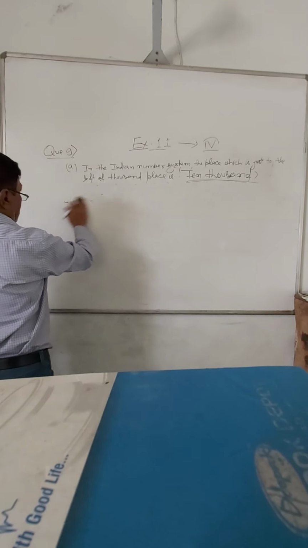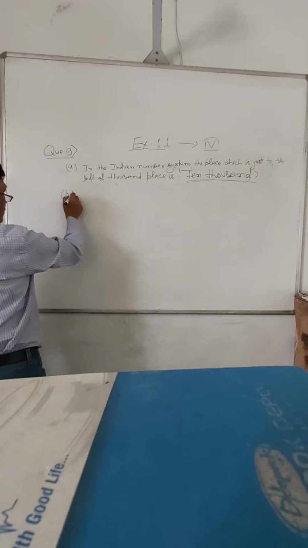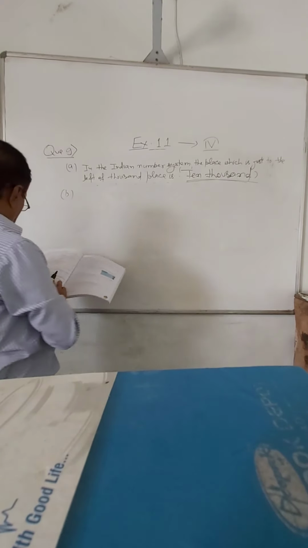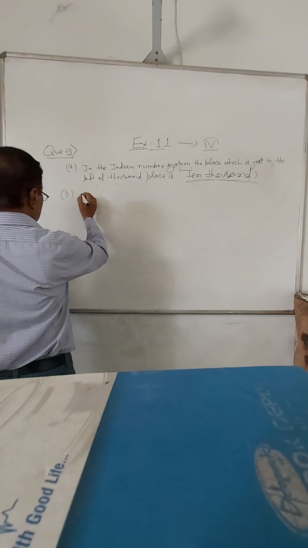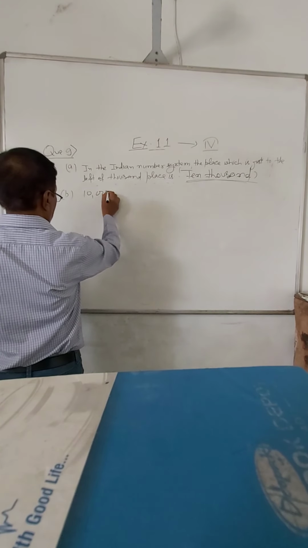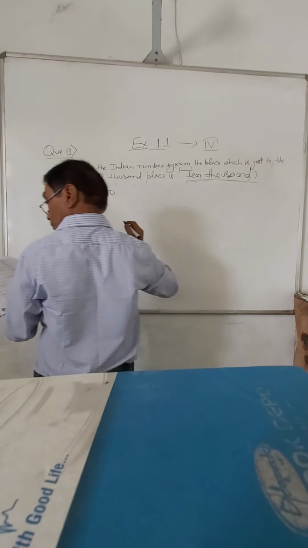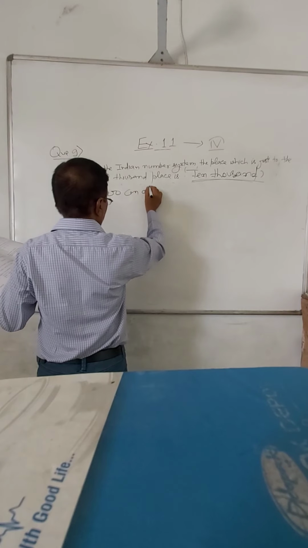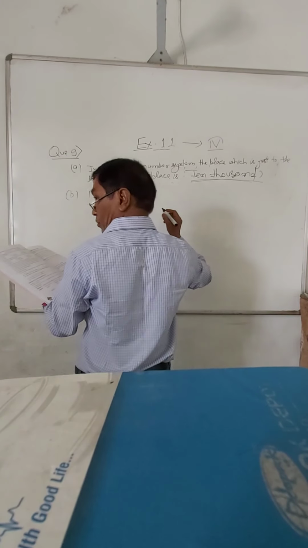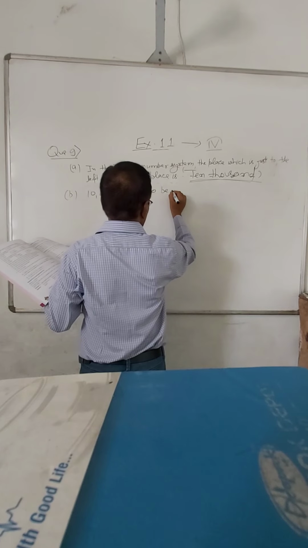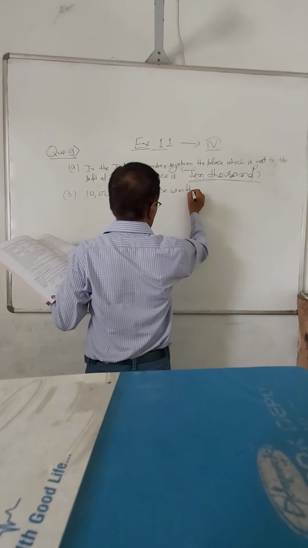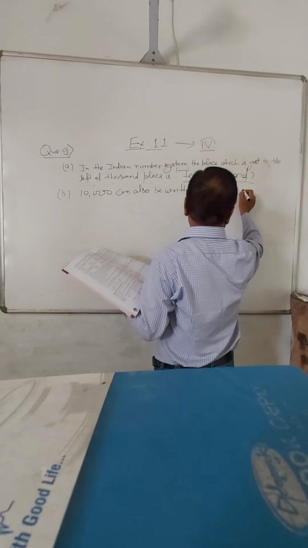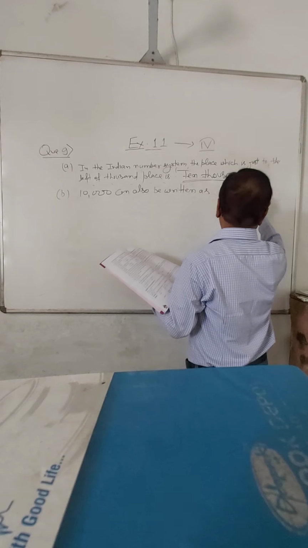Second question, B. 10,000 can also be written as blank hundreds.